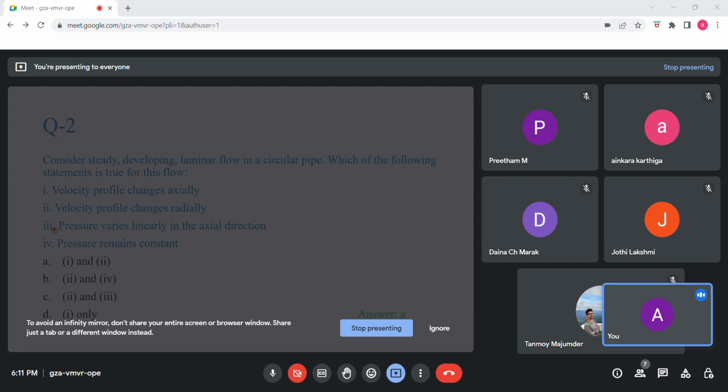Option 3: pressure varies linearly in the axial direction. And option 4: pressure remains constant. So which of these statements are true for a steady developing laminar flow in a circular pipe? We'll see how each is applicable in this case.